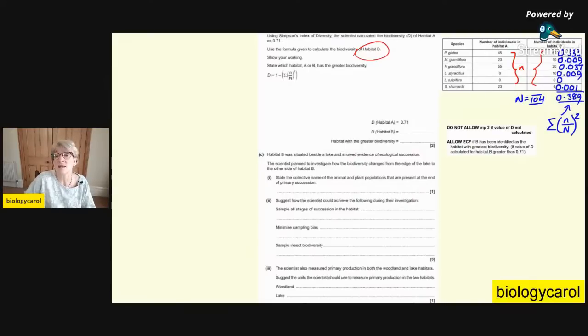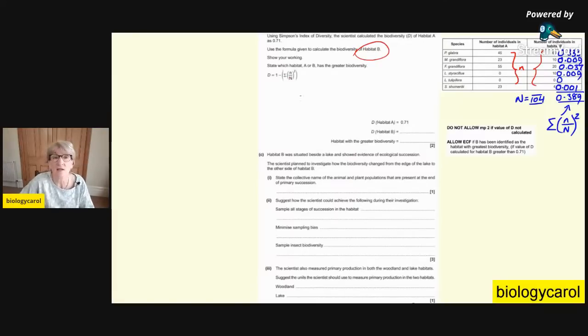This number here is 60 over 104 squared. This is 10 over 104 squared, etc. And notice that once you have done that, you can then sum them.